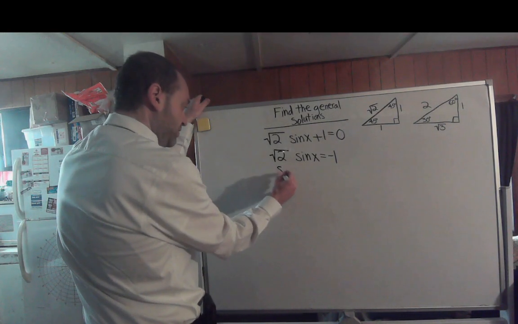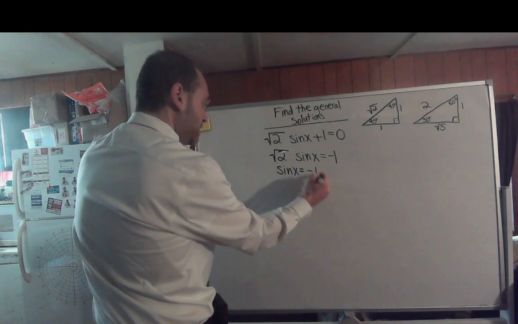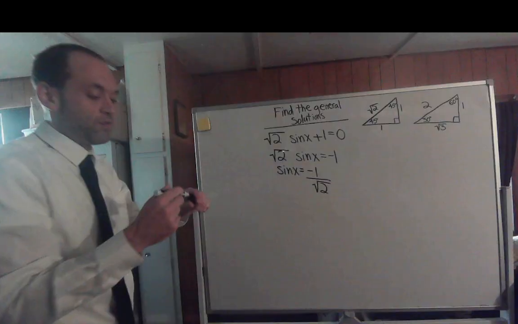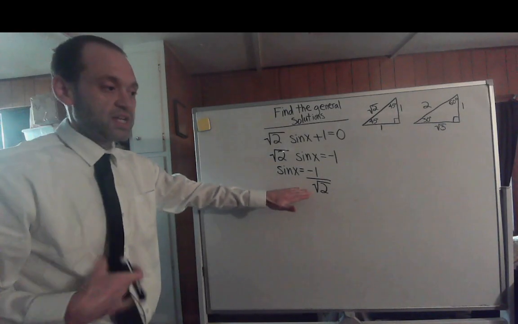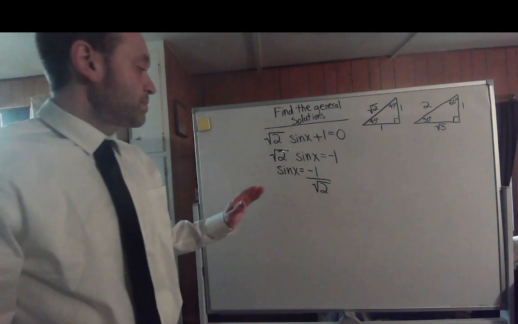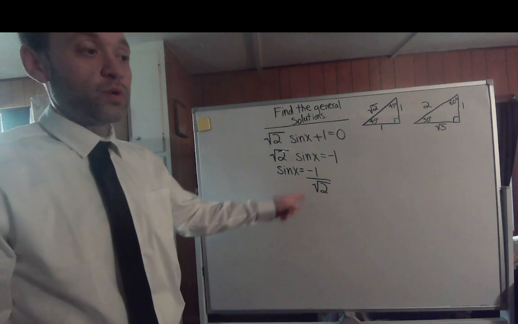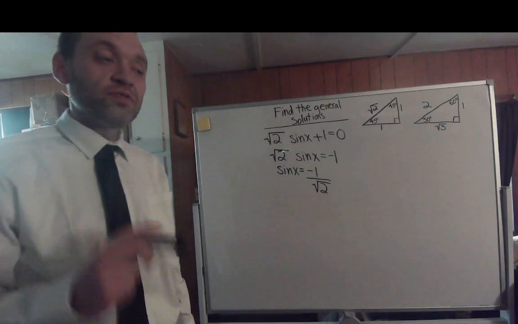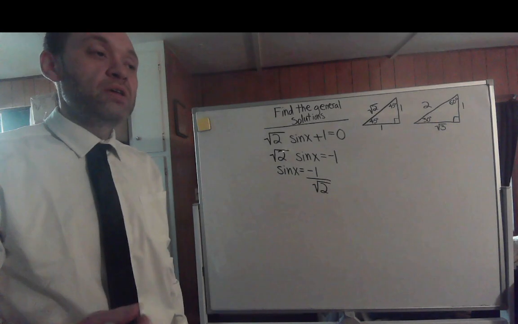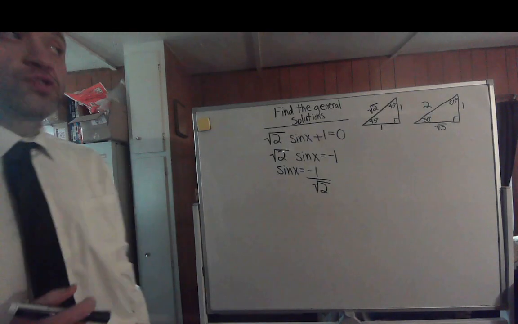And then this would give you that the sine of x equals -1 over the square root of 2. Don't worry about rationalizing your denominator this time. It's pretty irrelevant to what we're trying to do. So the sine of x equals -1 over the square root of 2. In the interval from 0 to 2 pi, where is the sine negative? In the third and fourth quadrants, right?